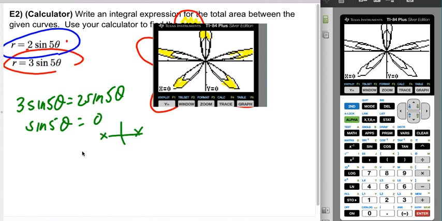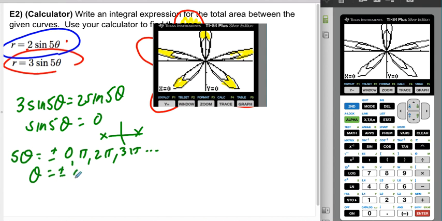Well, it's at all the pi's. So 5 theta is going to be plus or minus 0, pi, 2 pi, 3 pi, and all the pi's. So you're going to get that theta is plus or minus 0, pi over 5, 2 pi over 5, 3 pi over 5, etc. So basically, you need one of these.